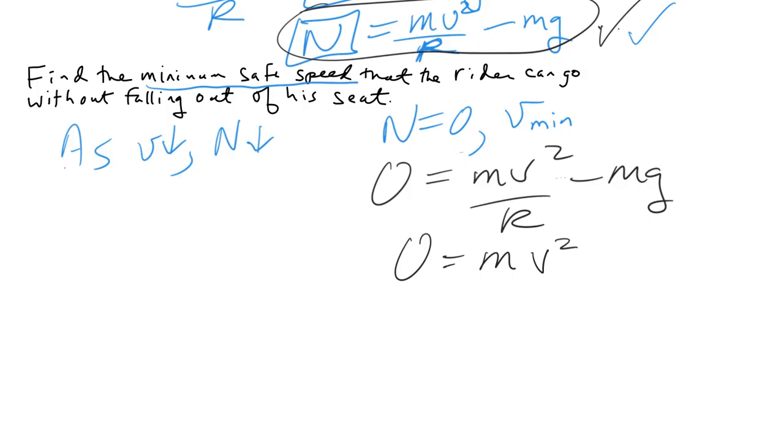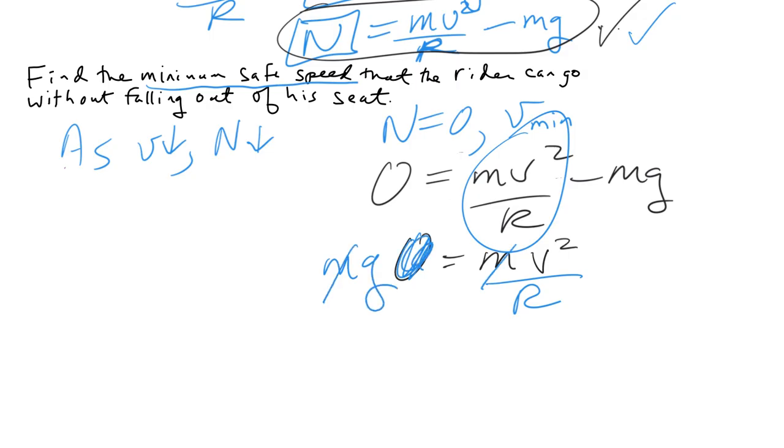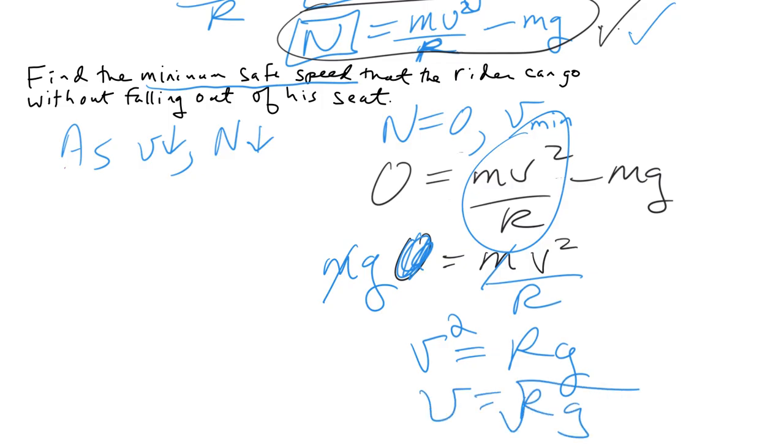So basically we have mv squared over r equals mg. And the m's cancel out. And we're again stuck with this equation. v squared equals rg. And then v equals the square root of rg.